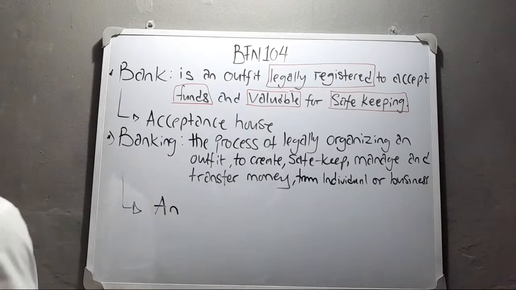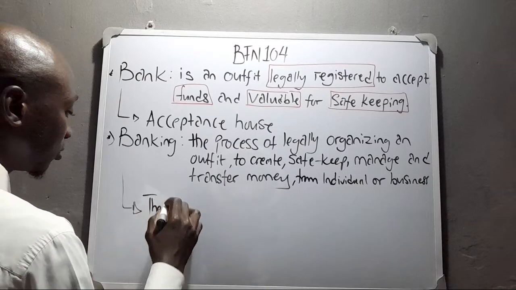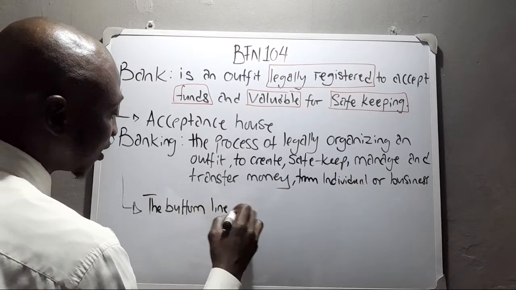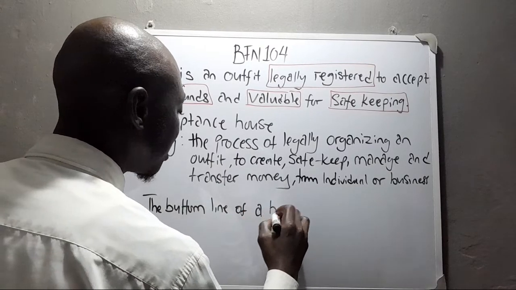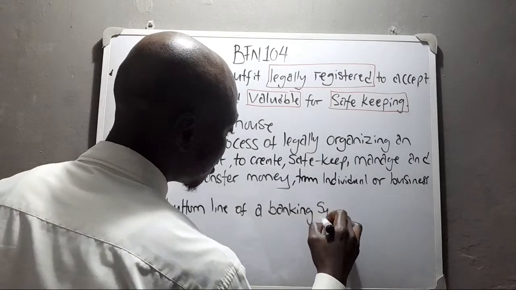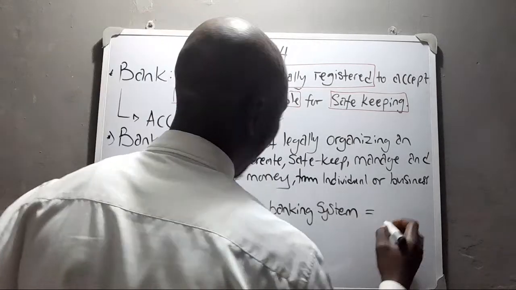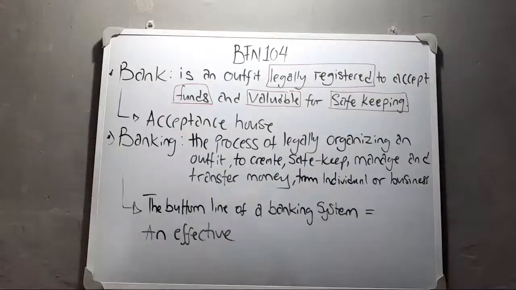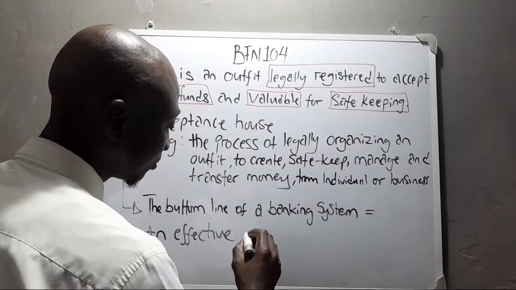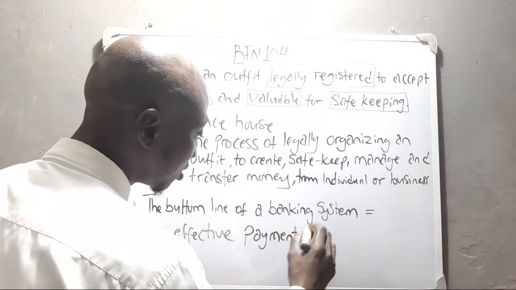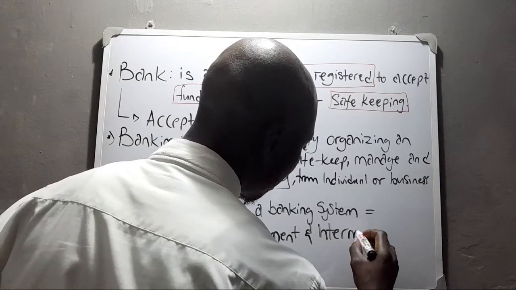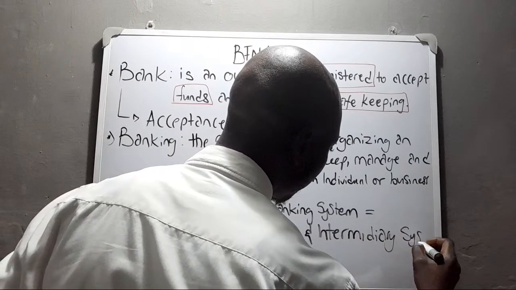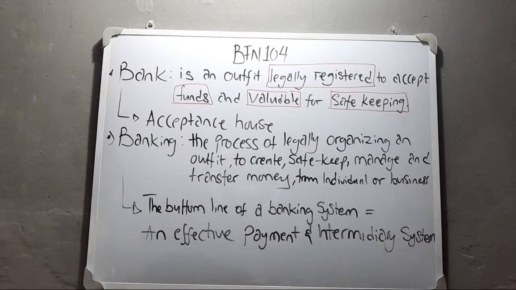The bottom line of a banking system equals an effective payment and intermediary system.